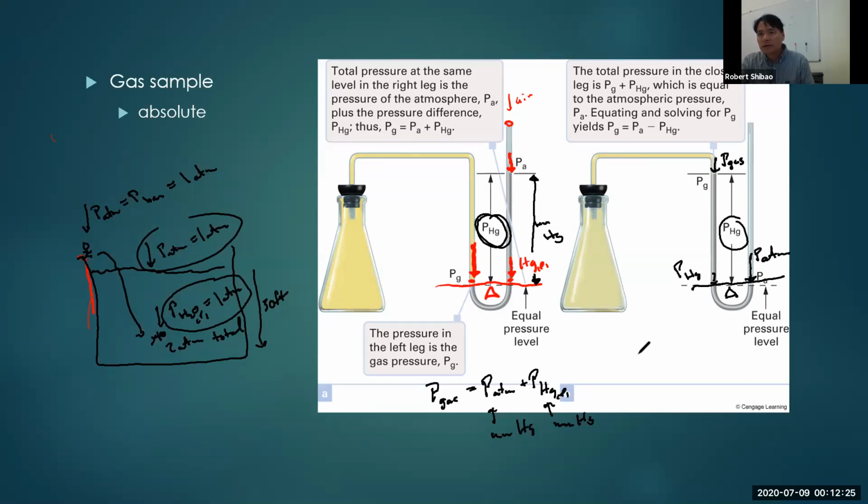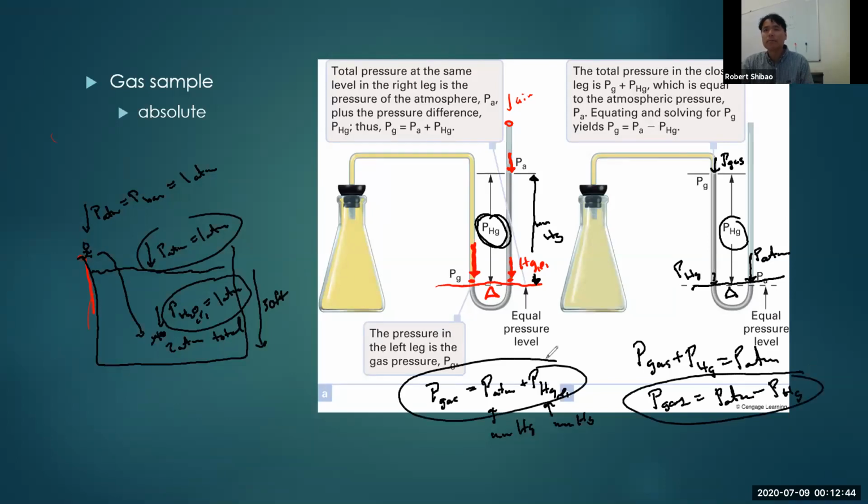And so the pressure of the gas plus the pressure of the mercury is equal to the pressure of the atmosphere. Therefore, the pressure of the gas is equal to the pressure of the atmosphere minus the pressure of the mercury here.